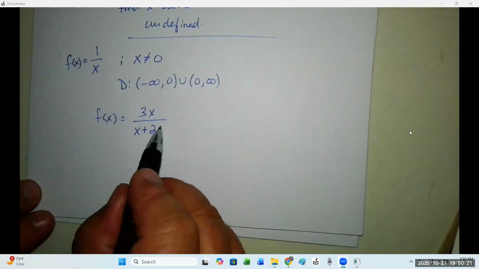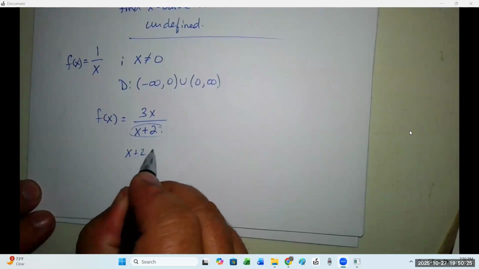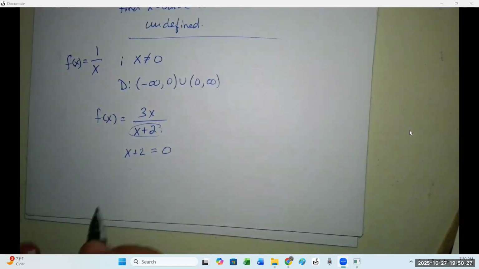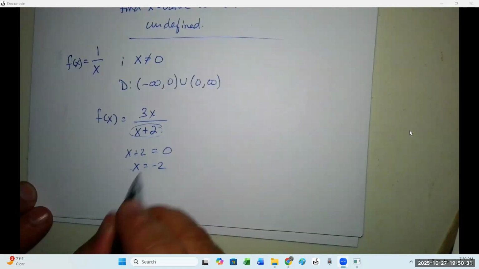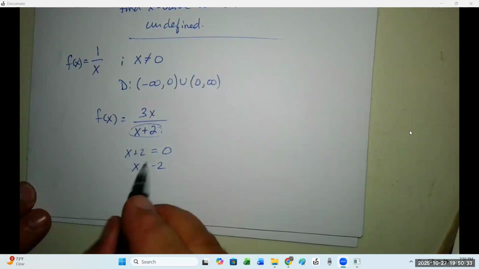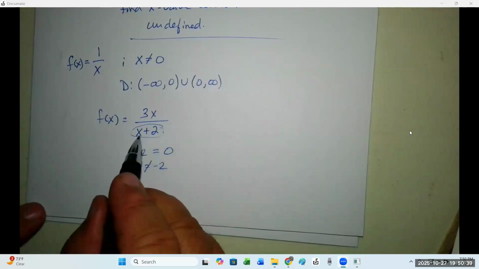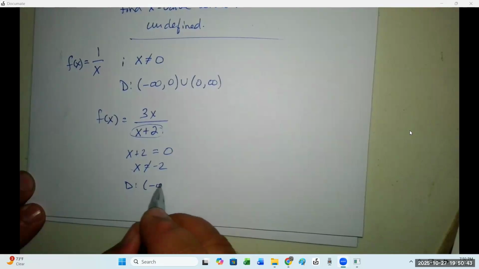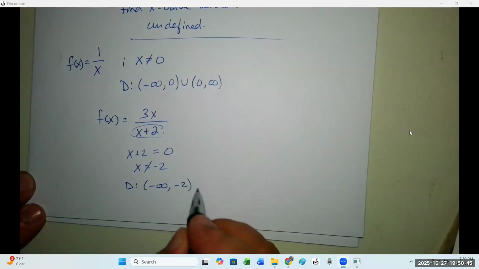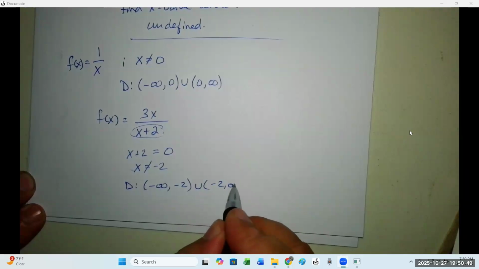The only thing we cannot have is the bottom equal 0. It equals 0 when x is -2, the bottom is 0. So x cannot equal -2. So my domain is from -infinity to -2, and then from -2 to +infinity.